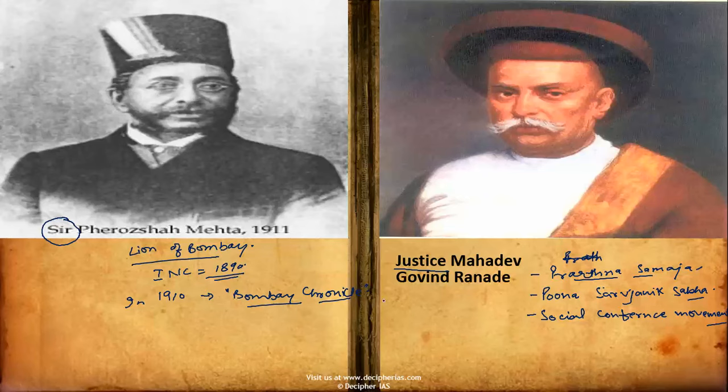So this movement was against child marriage, the shaving of widows' heads, the heavy cost of marriages and other social functions. These practices, he aimed, should be reformed, and that is why he started this social conference movement.